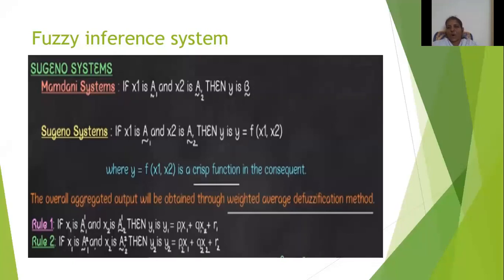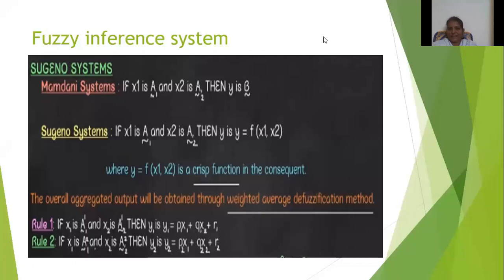Also, the overall aggregated output is obtained by using weighted average defuzzification method. Already we have learned this weighted average defuzzification method in our previous class. Okay, clear?